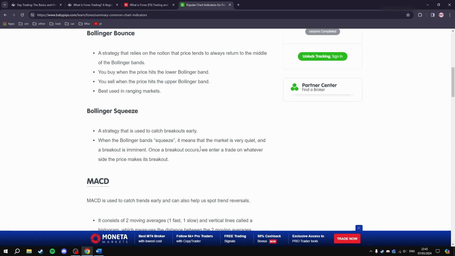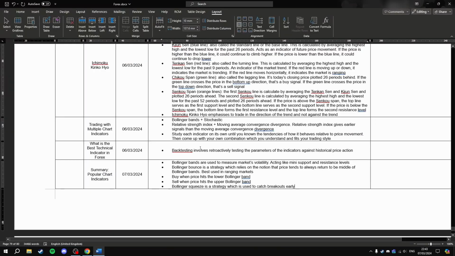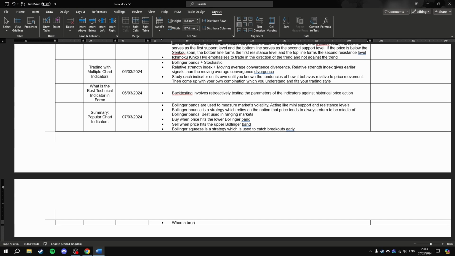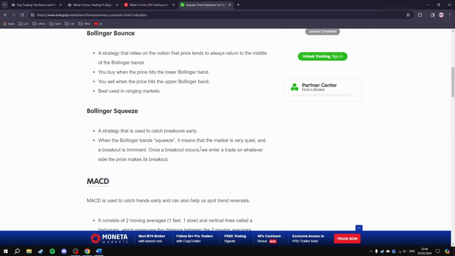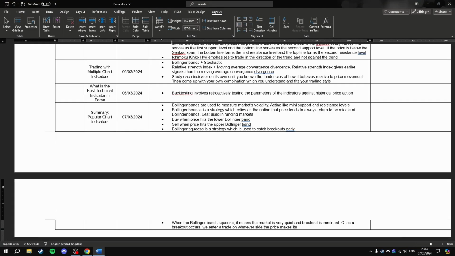Once a breakout occurs, we enter a trade on whatever side the price makes its breakout.